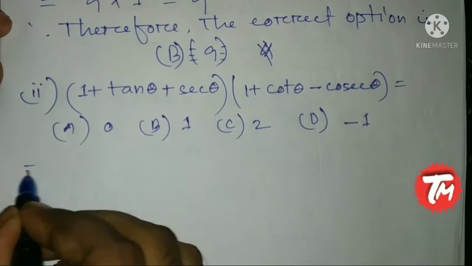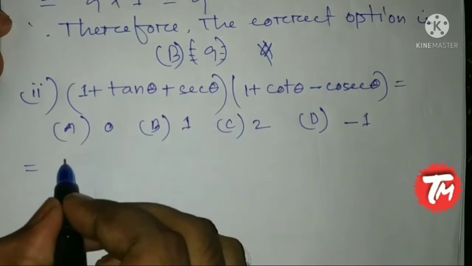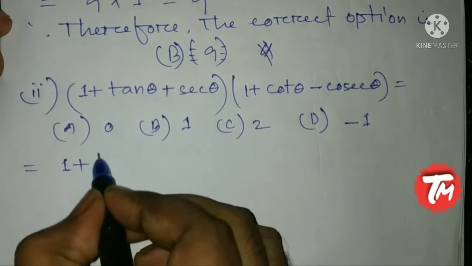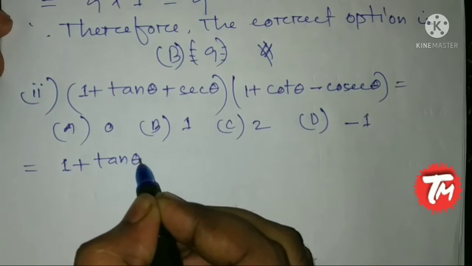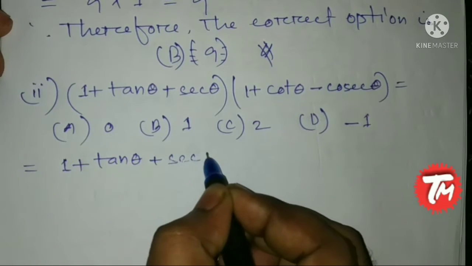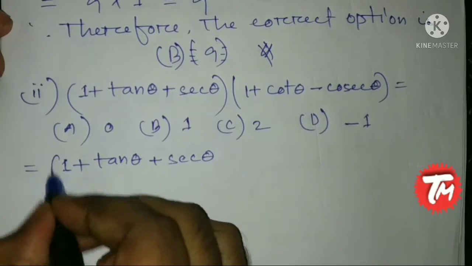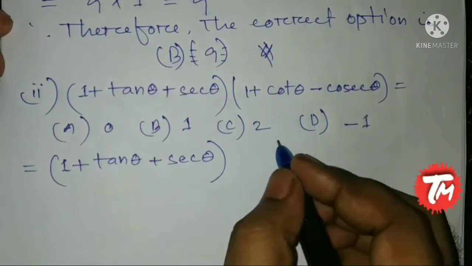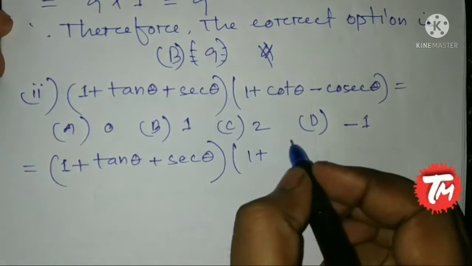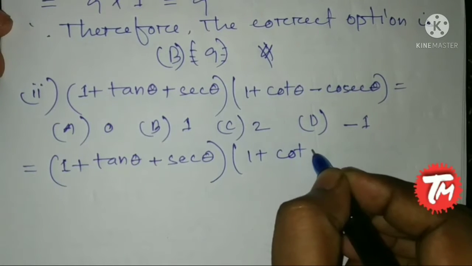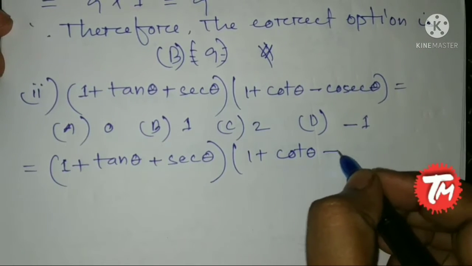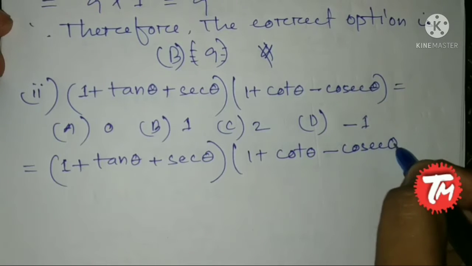So here what is given: 1 plus tan theta plus sec theta, into 1 plus cot theta minus cosec theta.